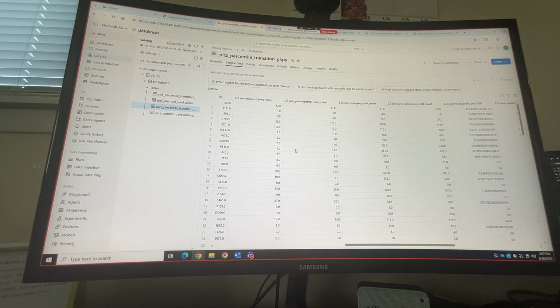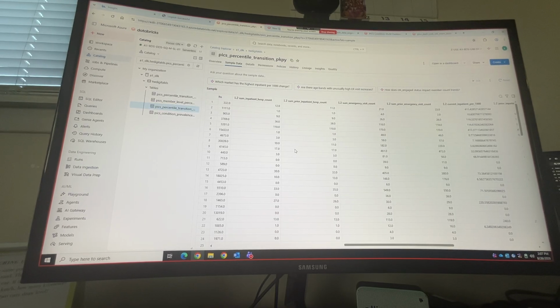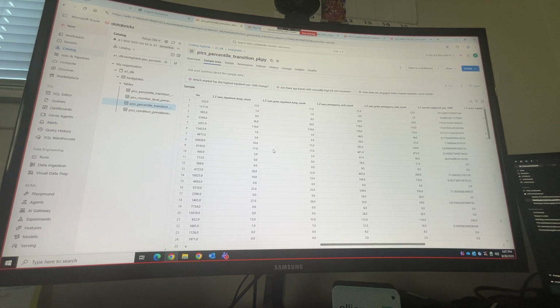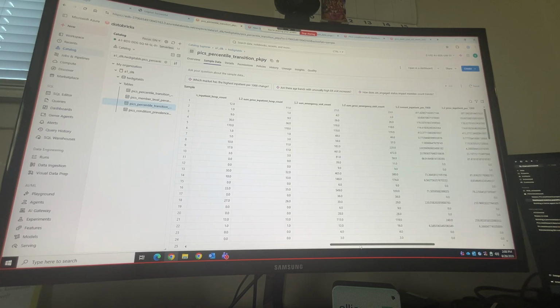I think for Ben, when you're calculating PKPY or PMPM, you still have to do a measure, right? You are not taking this directly. So maybe for this table you don't really need to include all the PKPY calculation.